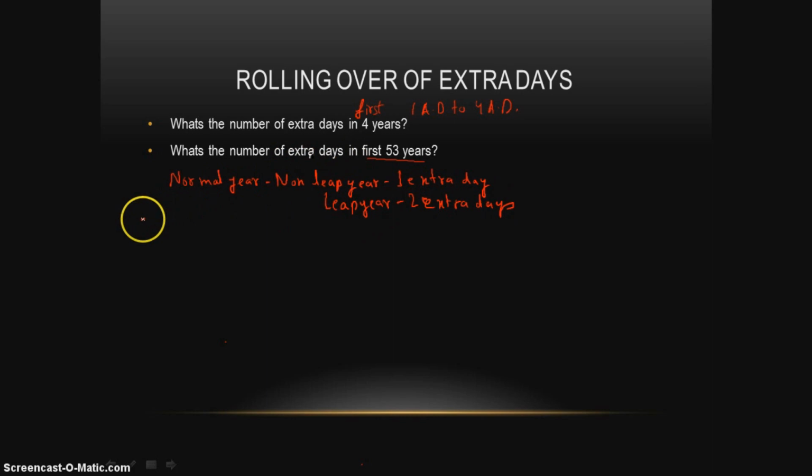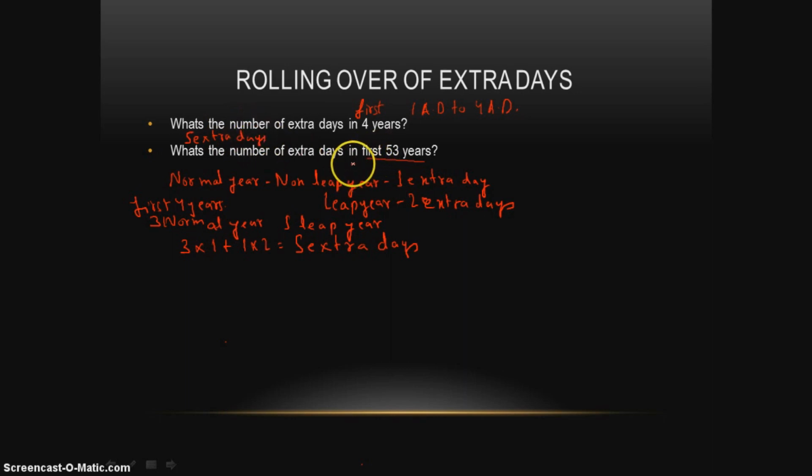So in the first 4 years, we have 3 normal years and 1 leap year, which gives me 3 into 1 plus 1 into 2 equals 5 extra days. So pretty simple. The answer for this is 5 extra days.